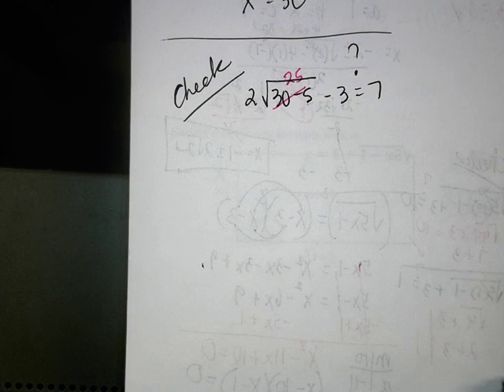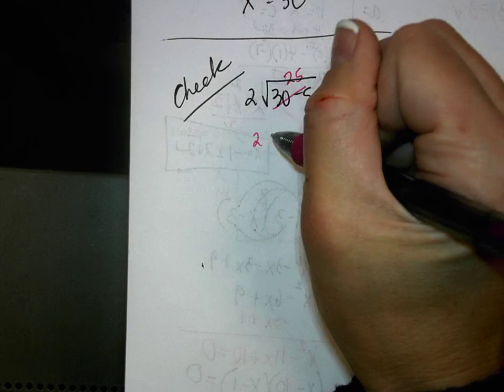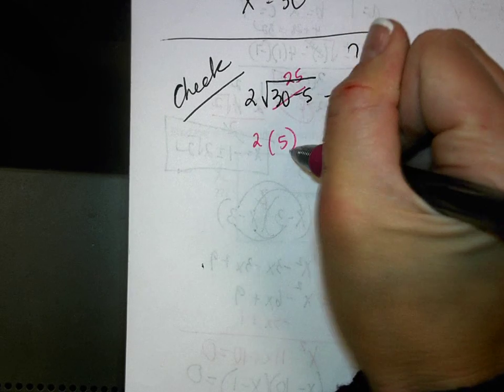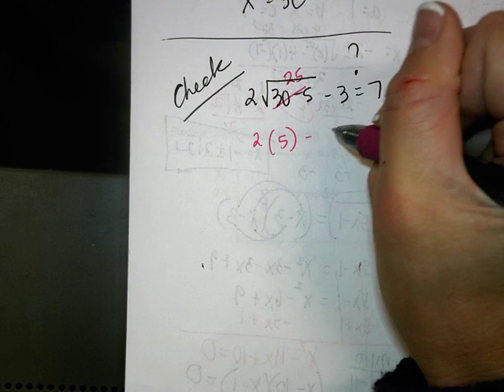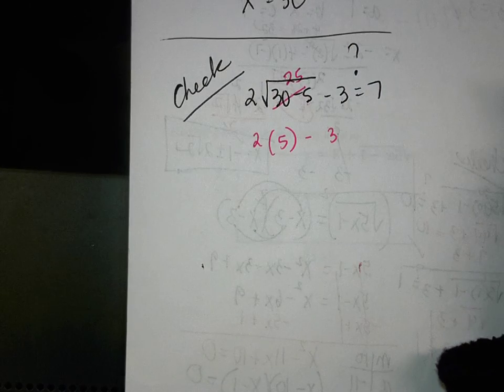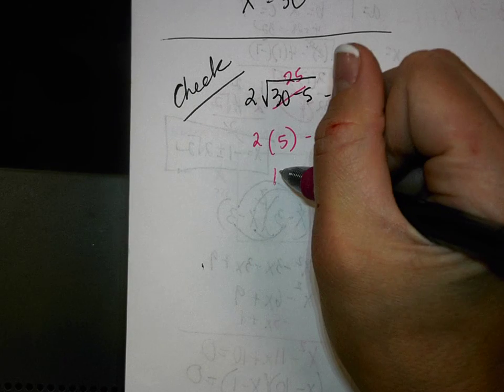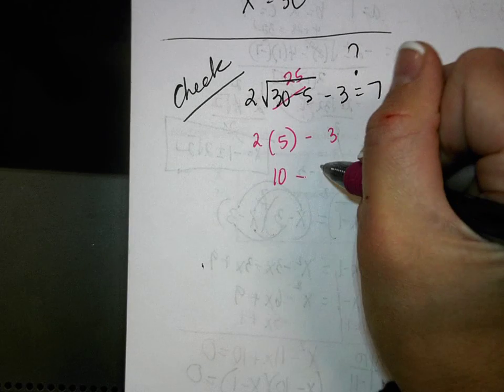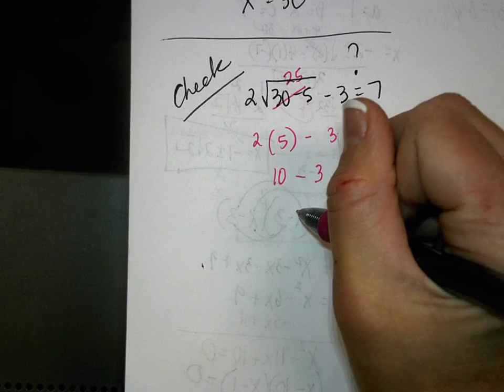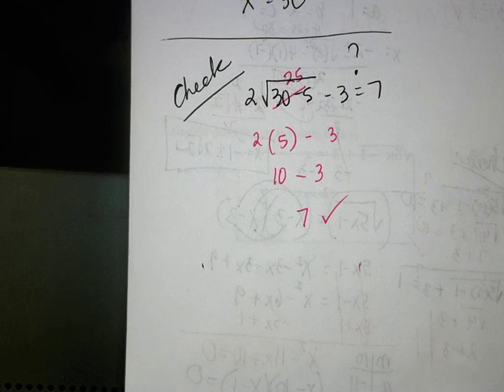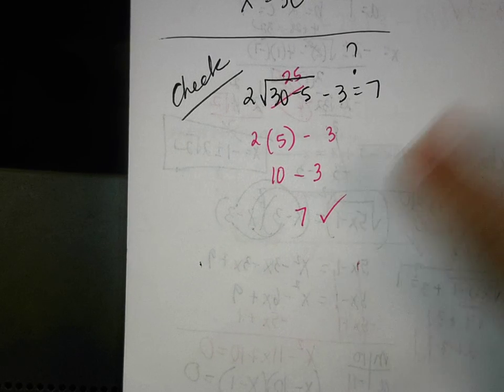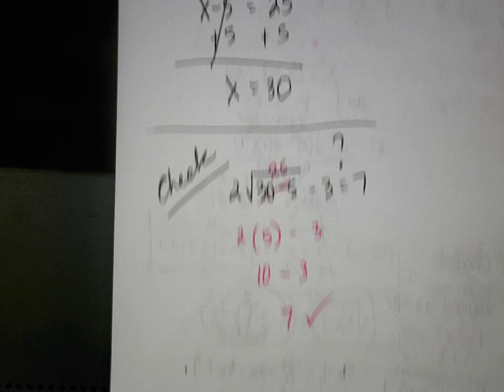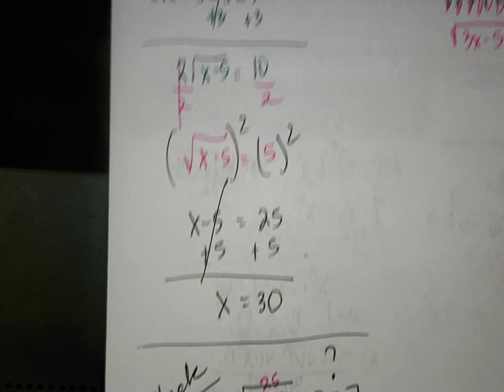The square root of 25 is 5. And then 2 times 5 is 10. And 10 minus 3 is 7. So it checks out. 7 does equal 7. I did that kind of quickly because most of you already had the answer.